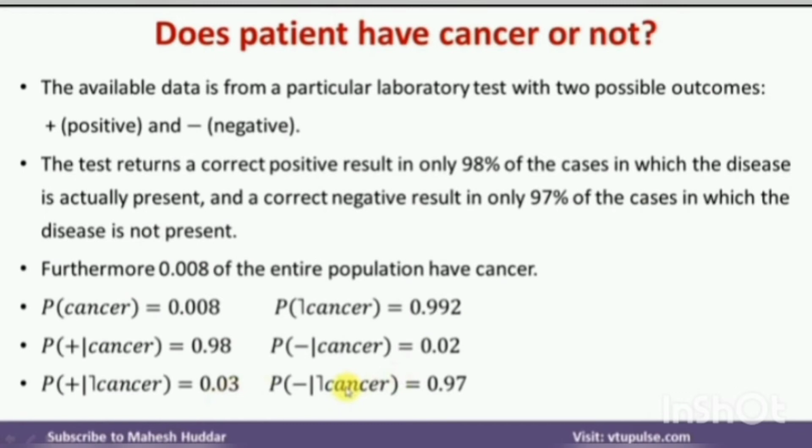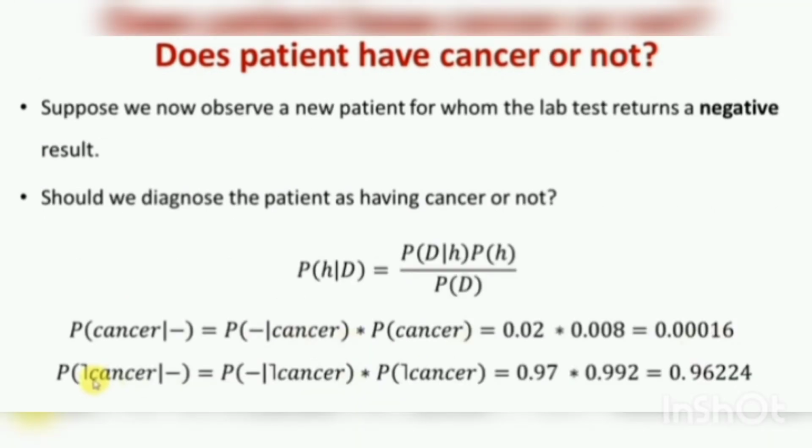The test returns a correct positive result in only 98% of the cases. It will detect positive in only 98% of the cases in which the disease is actually present, and a correct negative result in only 97% of the cases in which the disease is not present. So, does the patient have cancer or not?